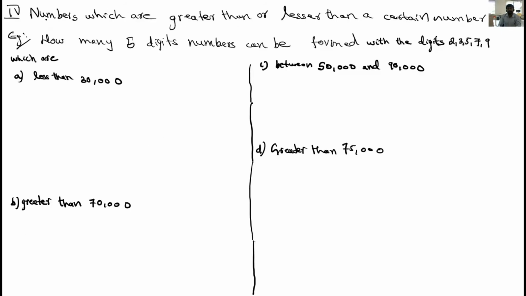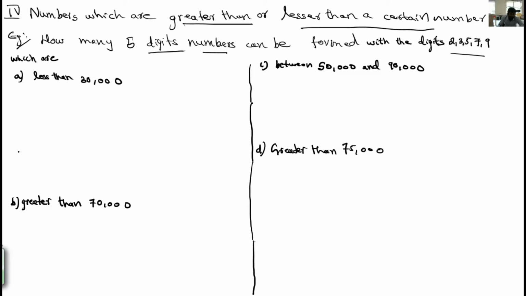See the next type, numbers which are greater than or lesser than a certain number. See the example. How many 5 digit numbers can be formed with the digits 2, 3, 5, 7, 9? 3 plus 2, 5 numbers are given. The number is less than 30,000, first case. That means you need to construct a 5 digit number that must be less than 30,000.